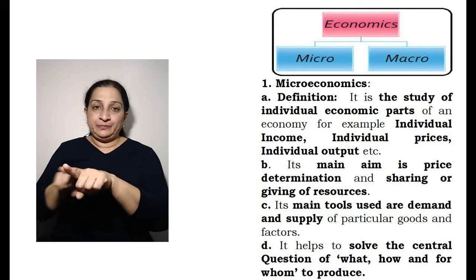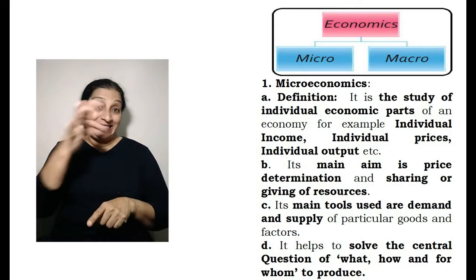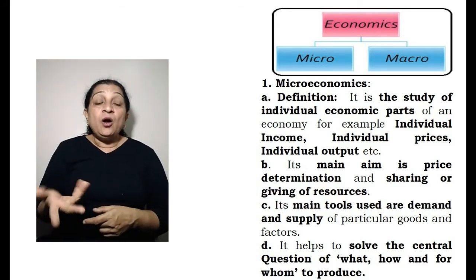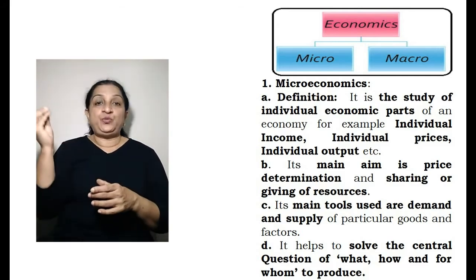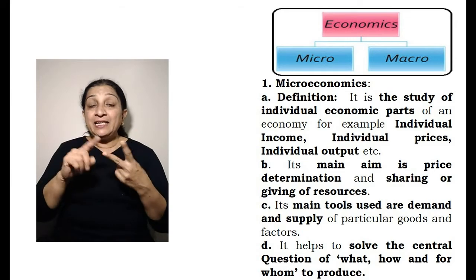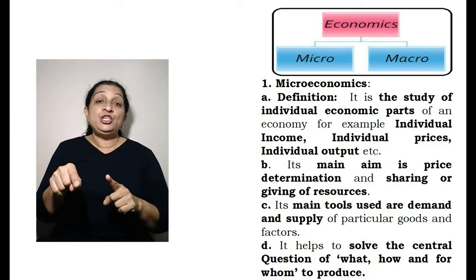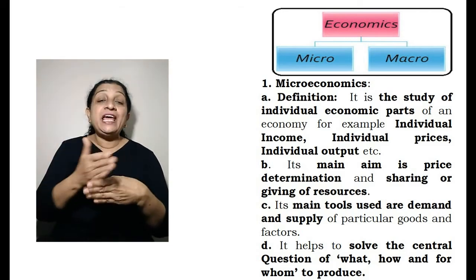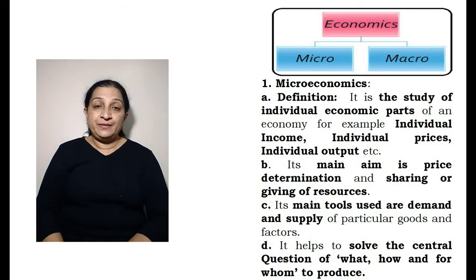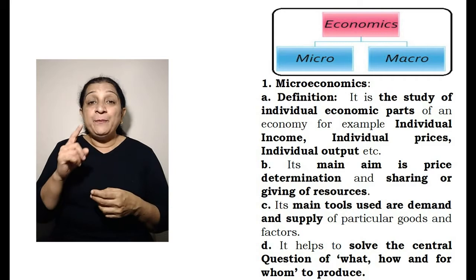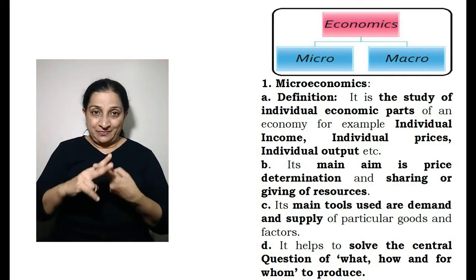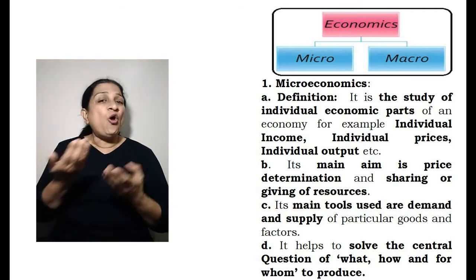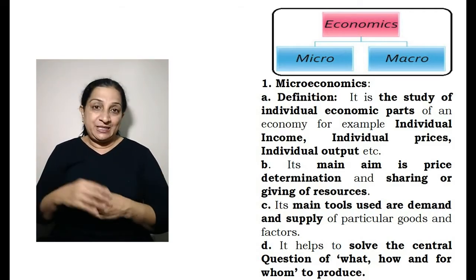For example, you have an individual's income, each thing's cost, or a person's output. Second, the main aim of this is to decide the price or sharing of resources. Third, the important tools are demand and supply of things or services.